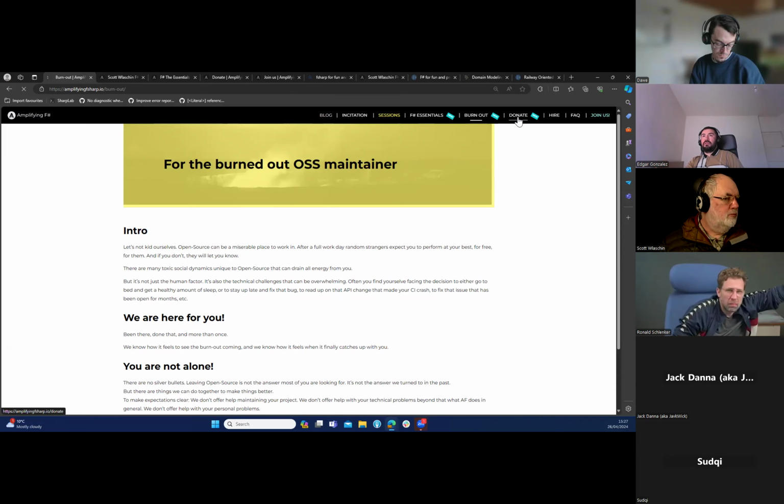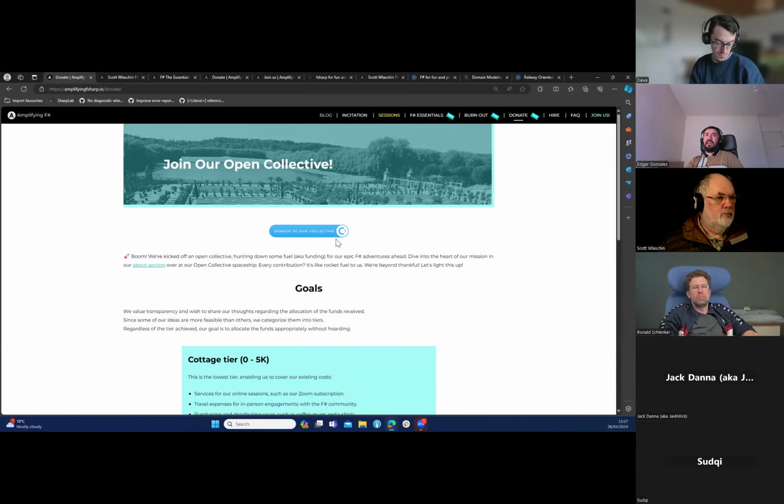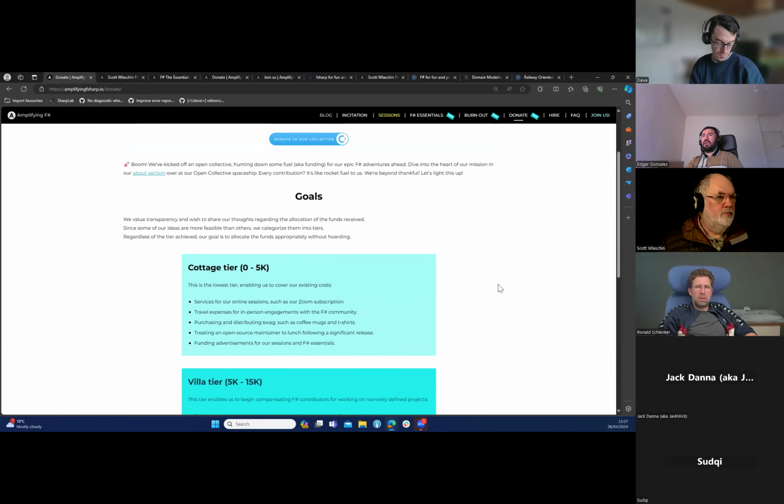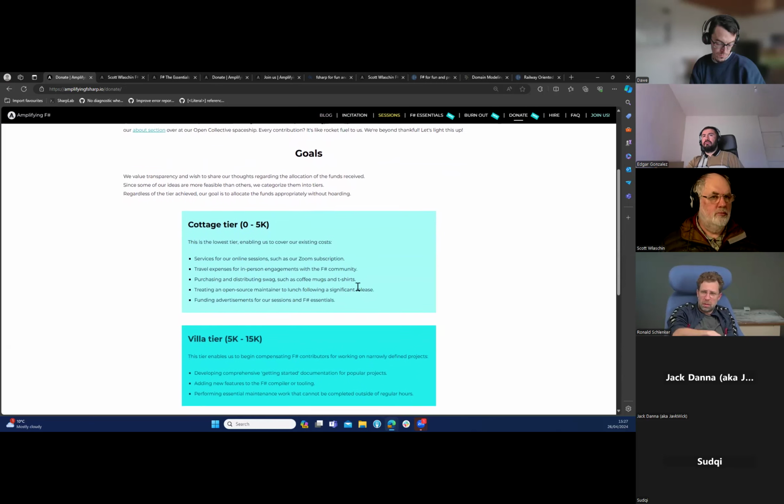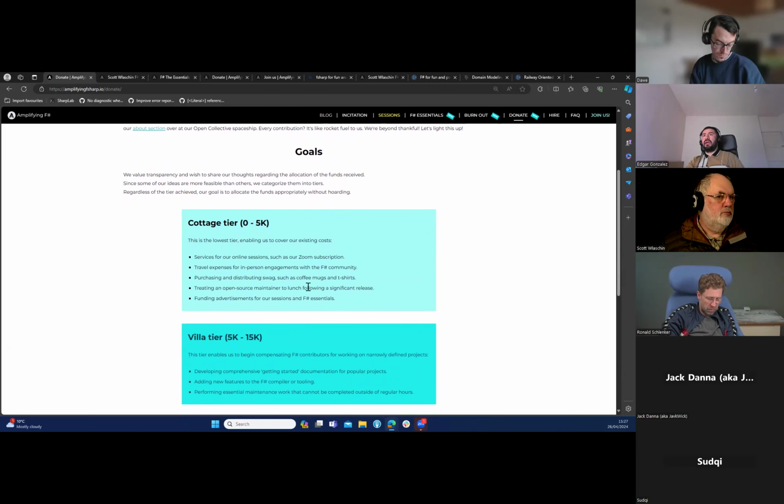The last bit, which is also important, is that we created this year an Open Collective initiative where we want to get some funding and really make a difference, like paying our Zoom subscriptions, creating more initiatives like F# Essentials, covering some travel expenses to talk in the US or in Norway or any other country, and also maybe getting some merchandising.